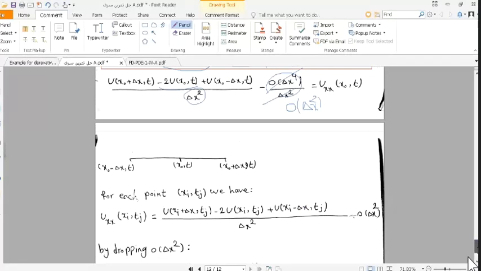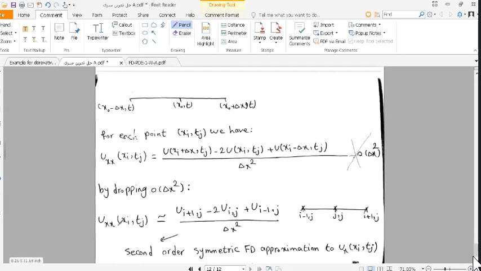By dropping the order of truncating error, we have uxx at xi and tj is approximately u i plus 1 and j, minus 2u i and j, plus u i minus 1 and j, over delta x2.